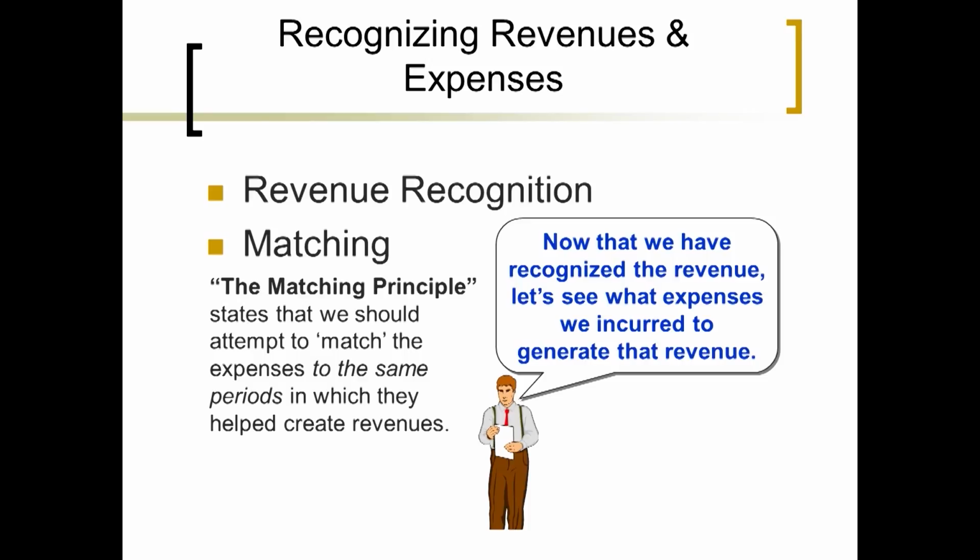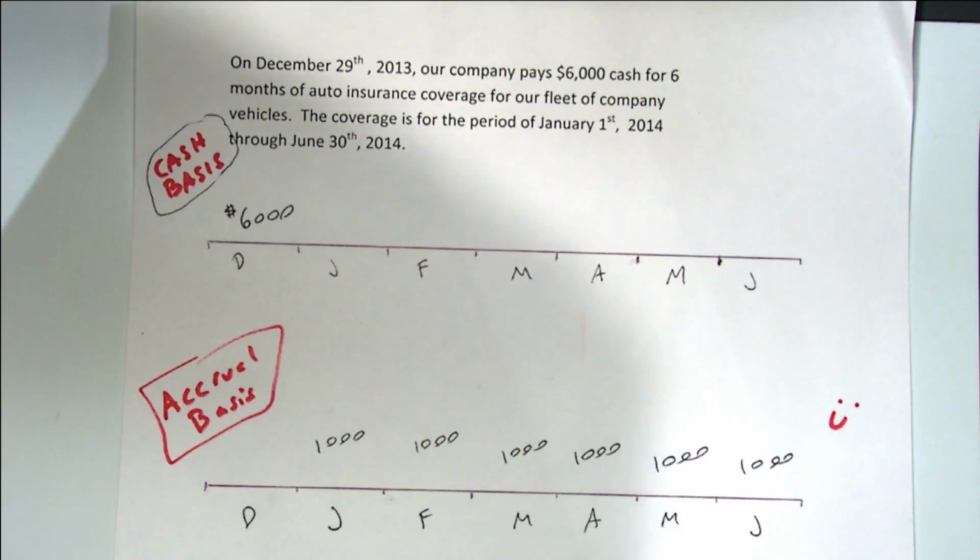The matching principle states that we should attempt to match the expenses to the same periods in which they helped create revenues. Say that again. The matching principle states that we should attempt to match the expenses to the same periods in which they helped create revenues.